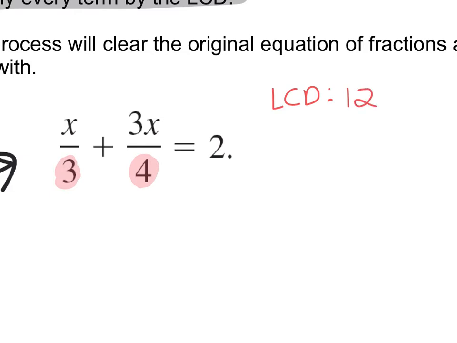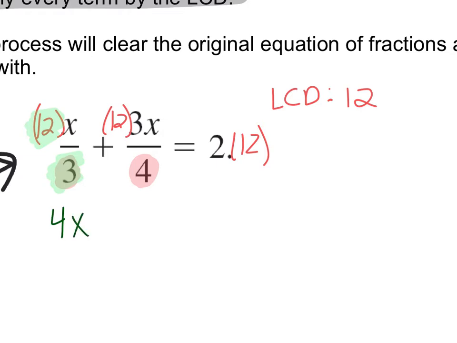So we're going to multiply every single term, and notice I'm using parentheses for multiply. We'll multiply by 12. When you do that, notice here we can simplify. Now we have 12 divided by 3, which is 4, and then x stays with that.